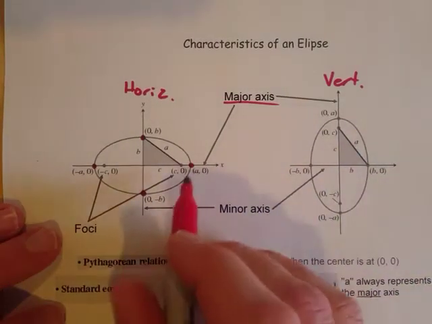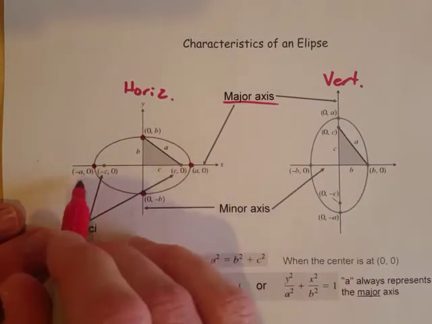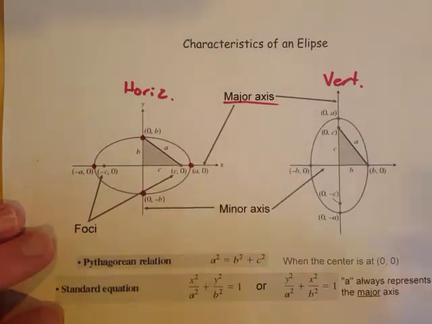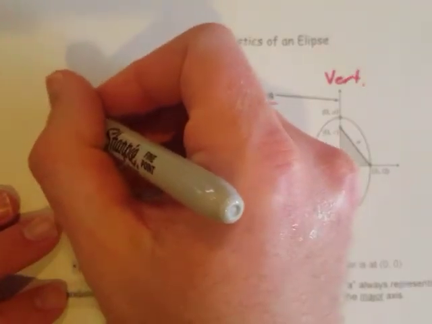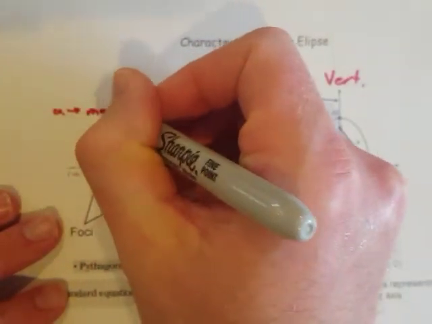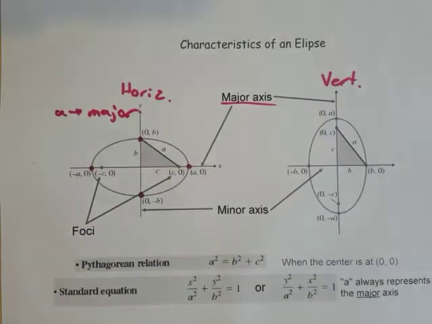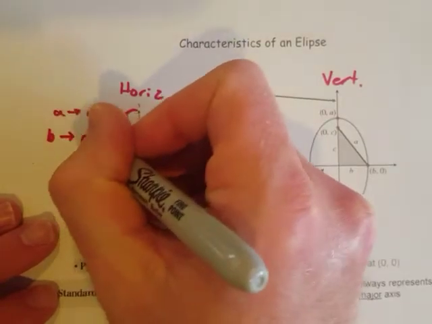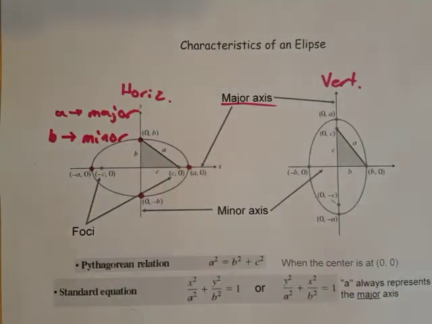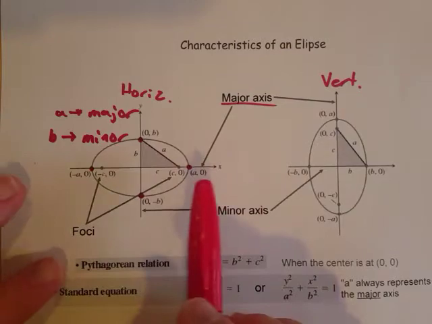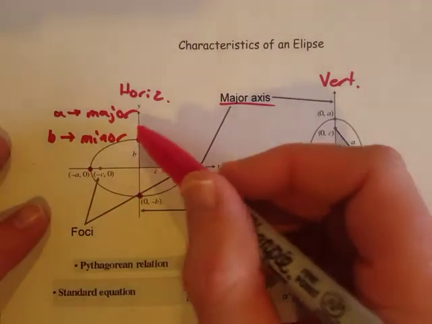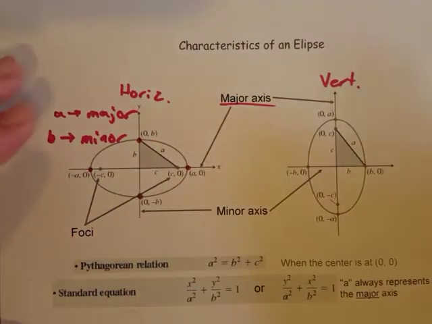So notice that these points, we have A,0, we have negative A,0, we have 0,B, we have 0, negative B. What this basically means is that A is always going to be on the major axis, and then we'll always refer to B as being the one along the minor axis, so the shorter part of that. Now, the ones that are the longer are the only ones that are really considered vertices, but I'll sometimes refer to these as minor vertices.